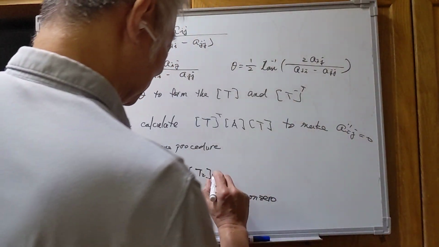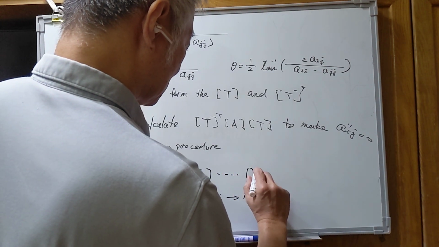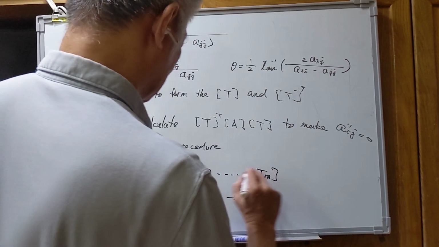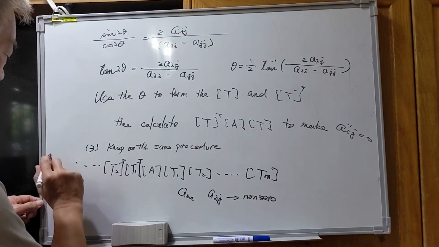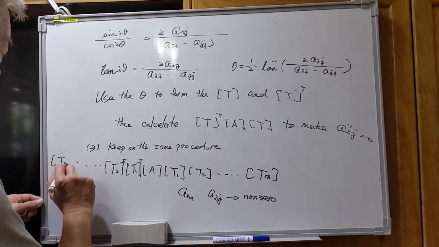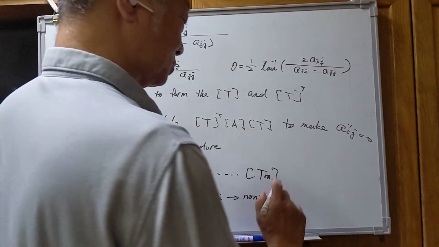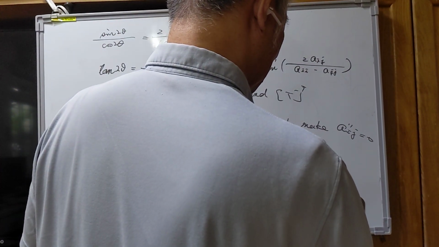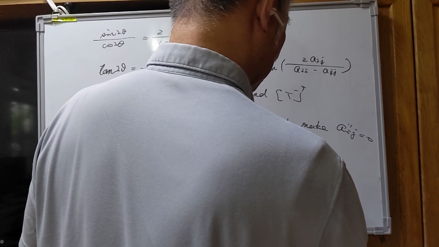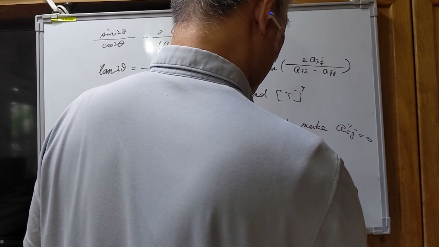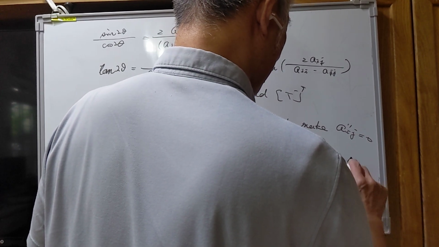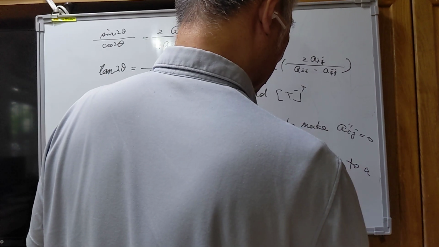Okay, so after many cycles and many procedures, it will approach a diagonal matrix.